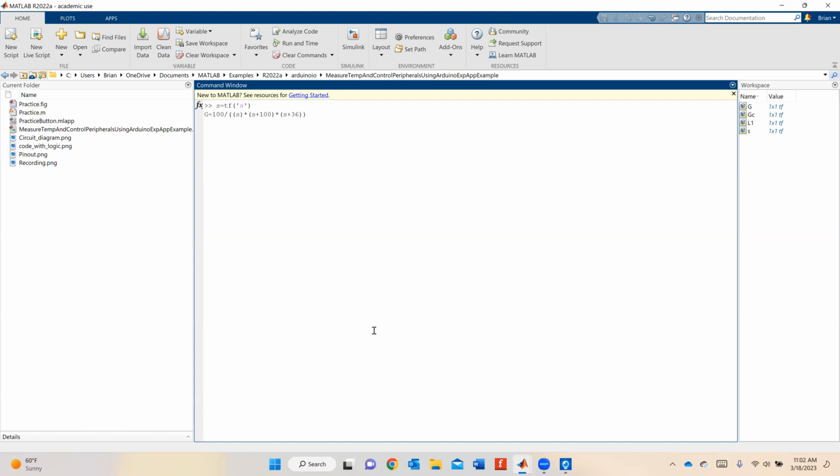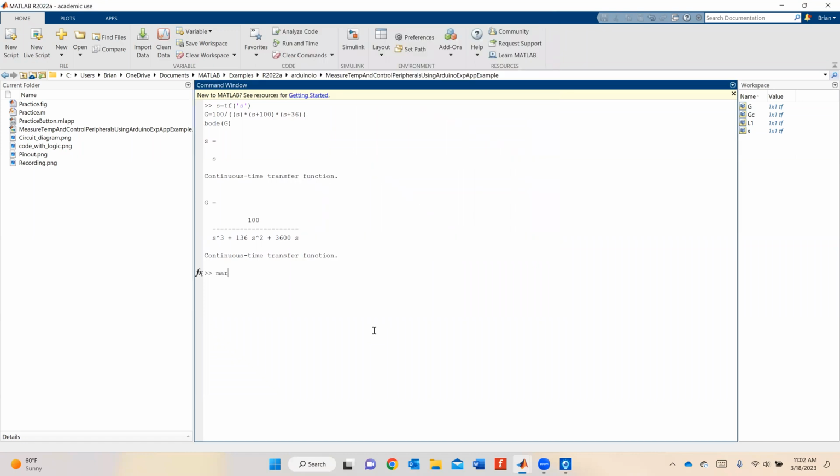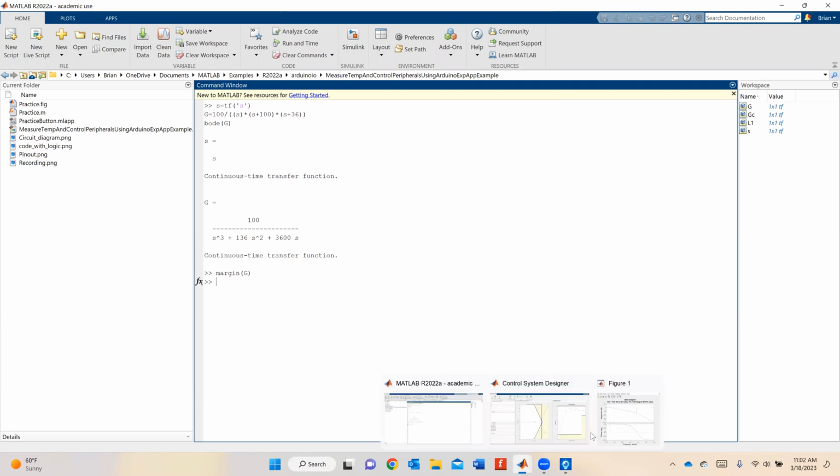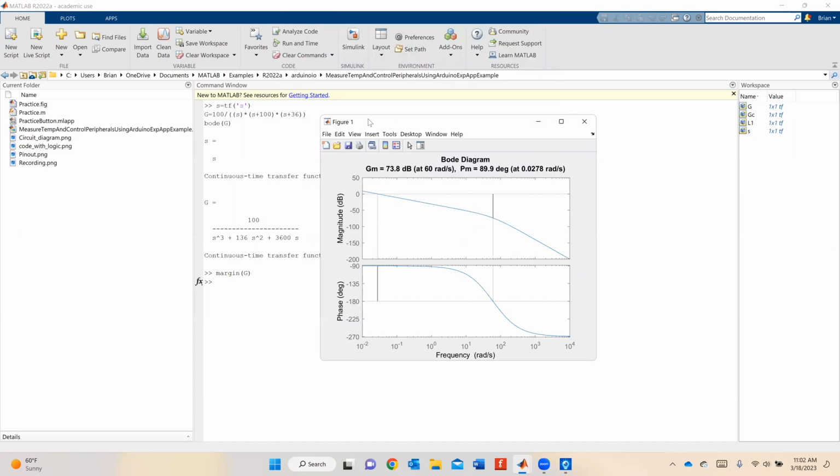And then we're going to do Bode of G. Oh, I forgot. We can do margin of G because that will give us the gain and phase margin. So that would be helpful. Then we don't have to approximate it. And then here what we see in MATLAB is when we plot that, we get this figure.